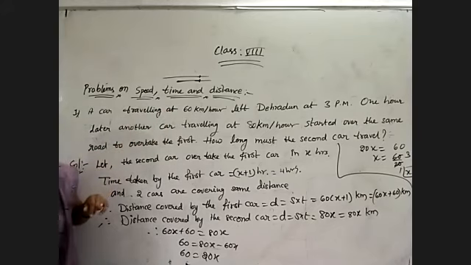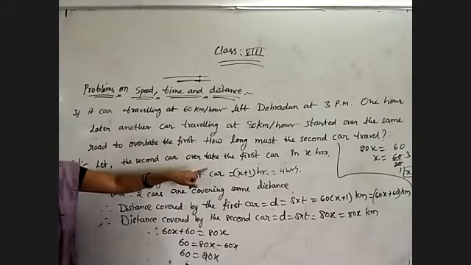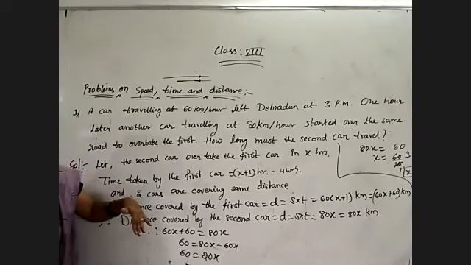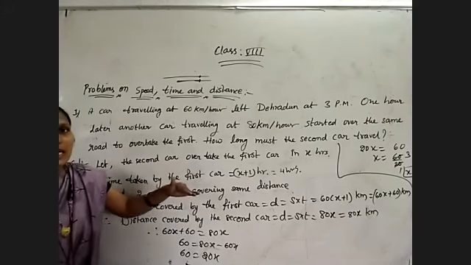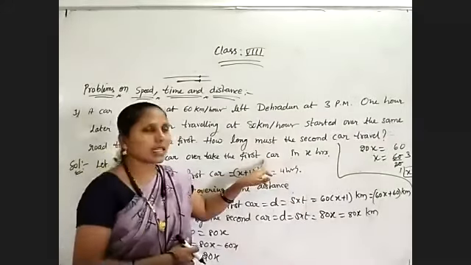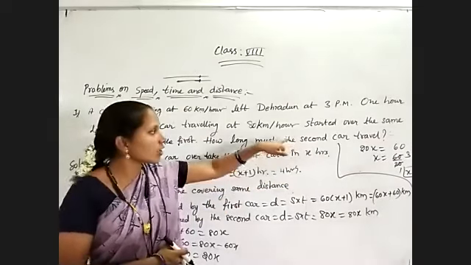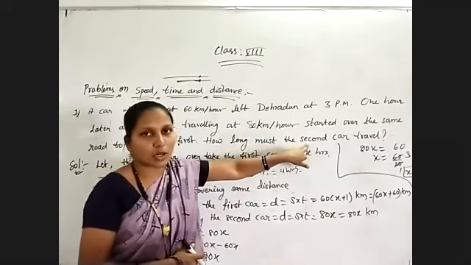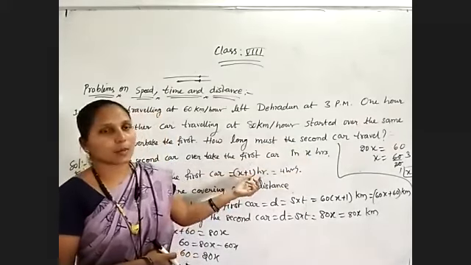Coming to the second car, the speed is 80 and the time taken is x, so 80 into x, 80x. Both are equal, so by equating you will get the x value. So x, the time taken by the second car, is 3 hours. We need to find only the second car's time, 3 hours. And the time taken by the first car is 3 plus 1, 4 hours.